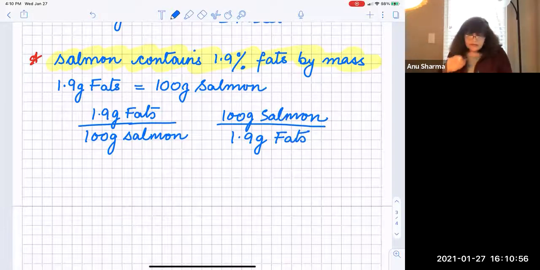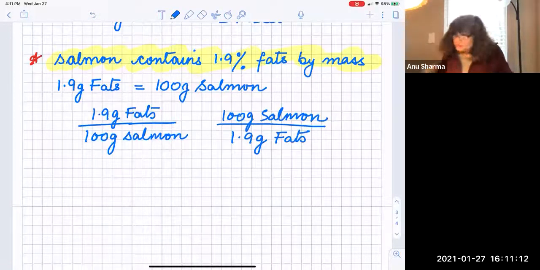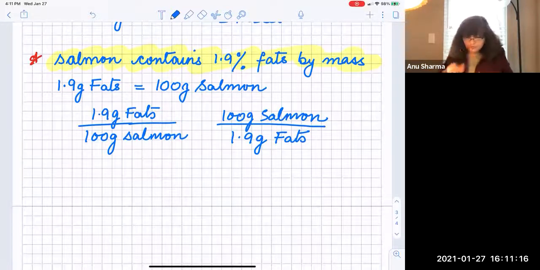So this is another way you can convert these sentences. There are plenty of problems. Now what time is it? It is 4:11, so I have to finish this, but it is not going to be finished because now I have to show you how to do these conversions.